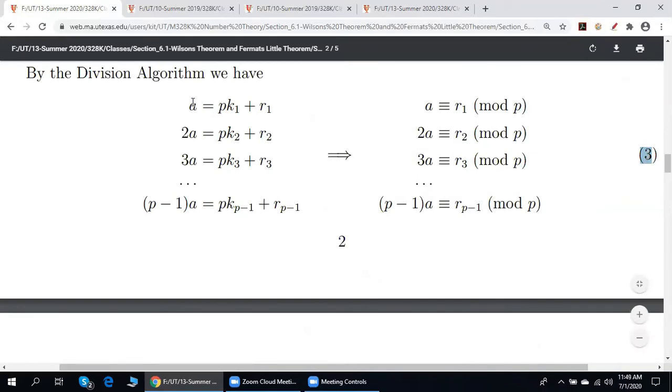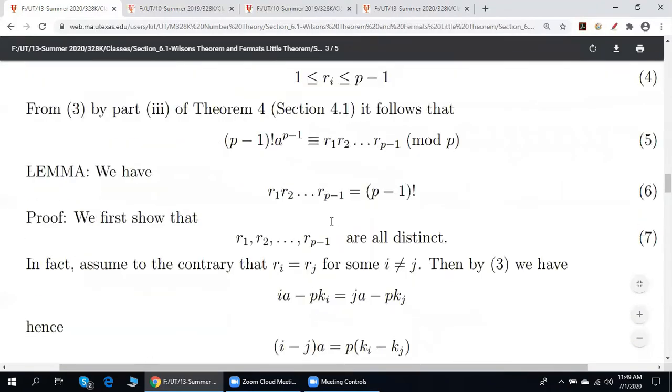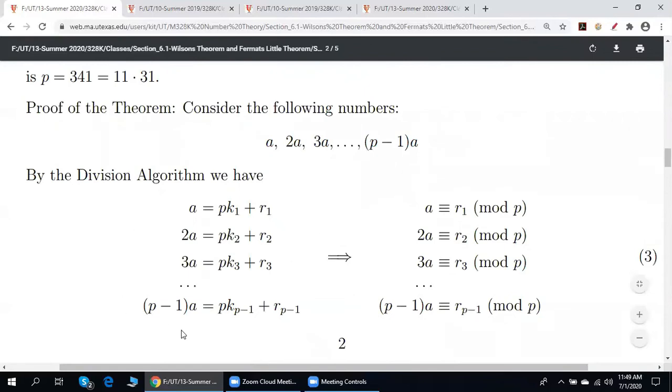According to what is written over here, since Ri is Ia minus Pki, and since Rj is Ja minus Pkj, Ia minus Pki is equal to Ja minus Pkj. So this implies this by this.